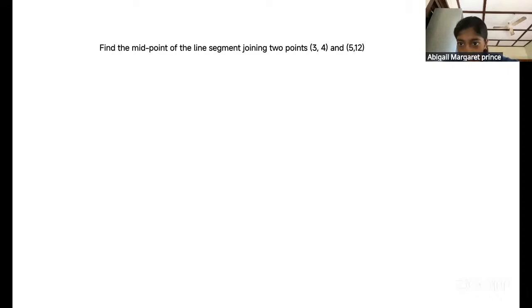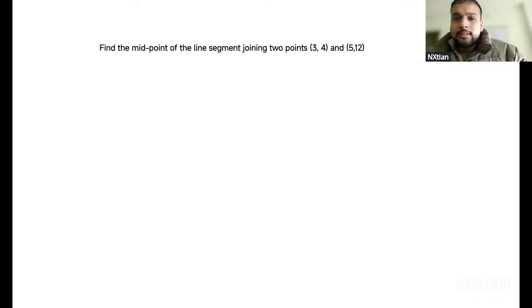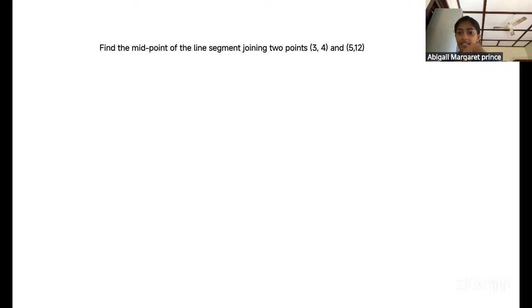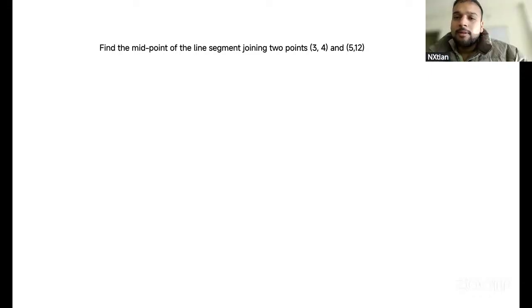What is the difference between this formula and the section formula? It is like father and son: the son came from the father only. In the same way, the midpoint formula came from the section formula only.